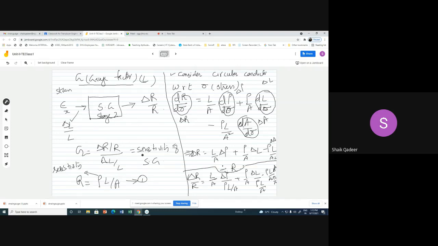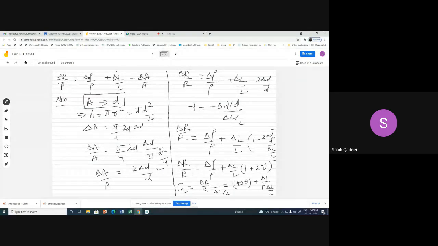So we differentiate partially with respect to sigma, which is stress. We get three parts as we have three variables. One part contributes delta rho by rho, the second part contributes delta L by L, and the third part contributes delta A by A. Is it clear to everybody?